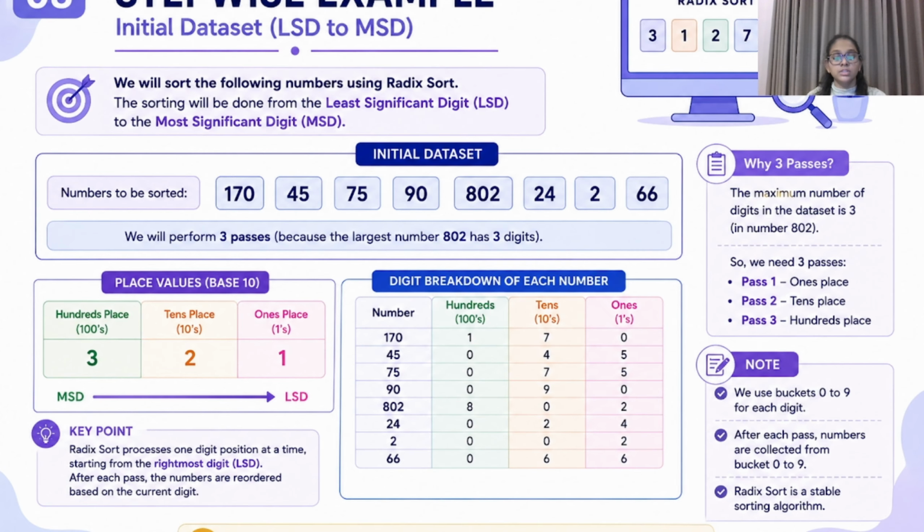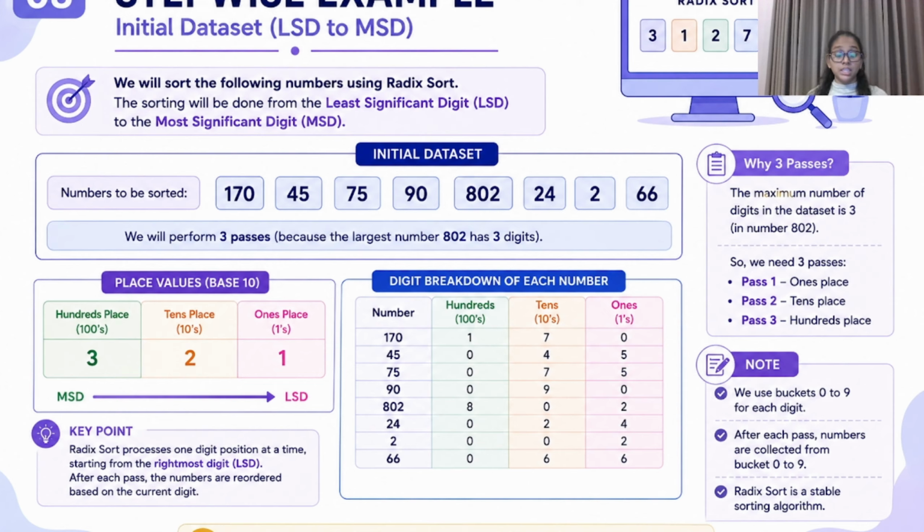We're going to sort 170, 45, 75, 90, 802, 24, 2, and 66. Take a moment to look at these numbers. They are currently in no particular order. Our goal is to arrange them from smallest to largest using Radix Sort.